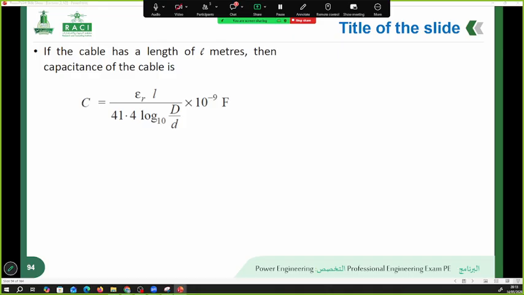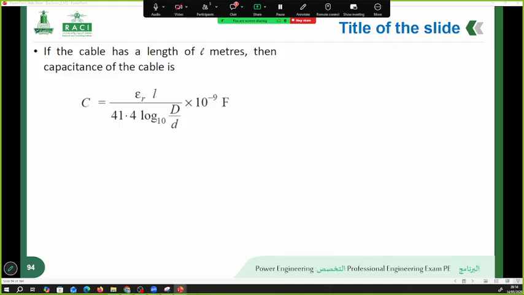In addition to resistance, cables also have capacitance, which is a key consideration in AC power systems. As I told you, a single core cable can be modeled as two coaxial cylinders, the inner conductor and the outer lead sheets, with the insulation acting as the dielectric. This creates a capacitor causing a charging current to flow.